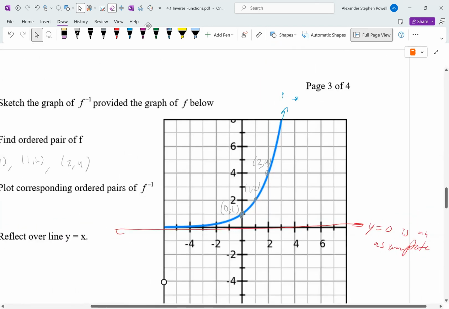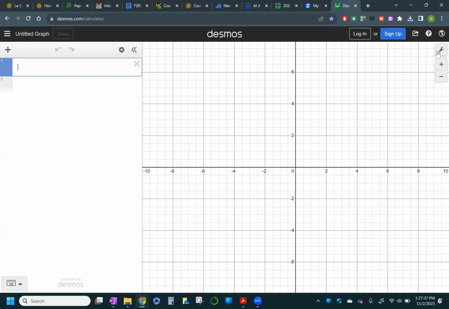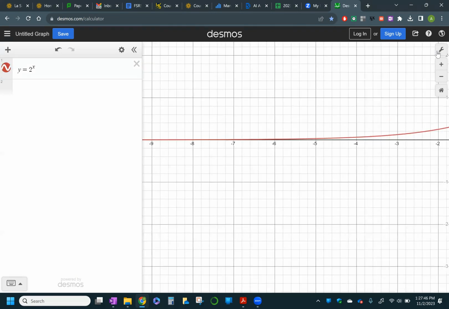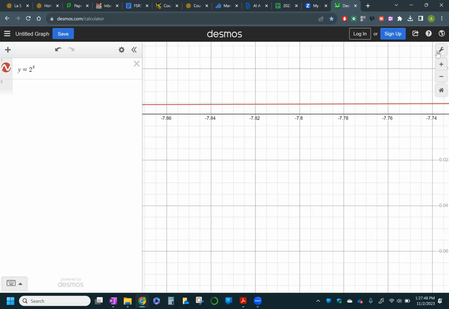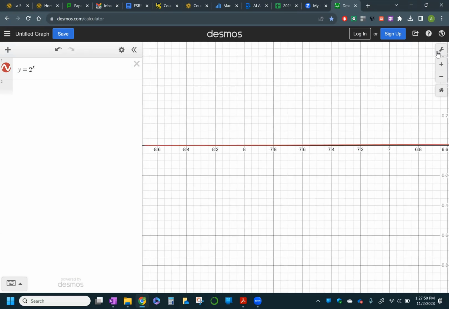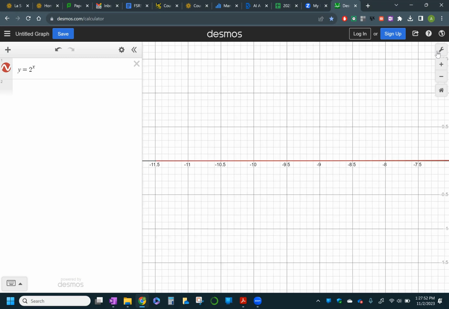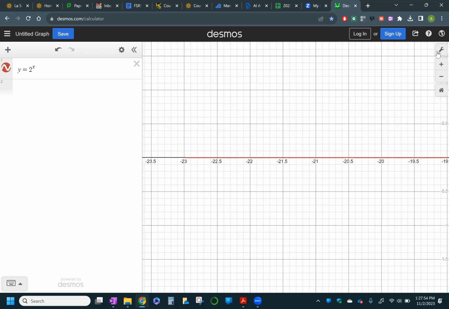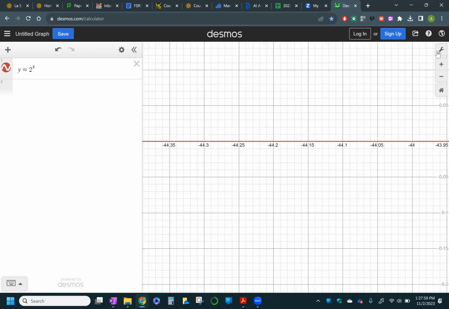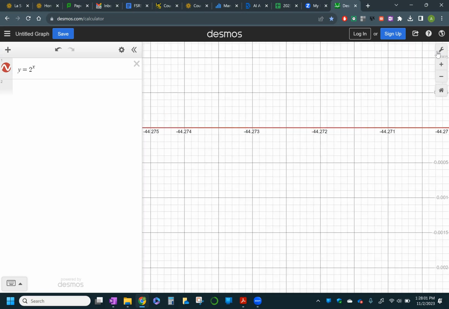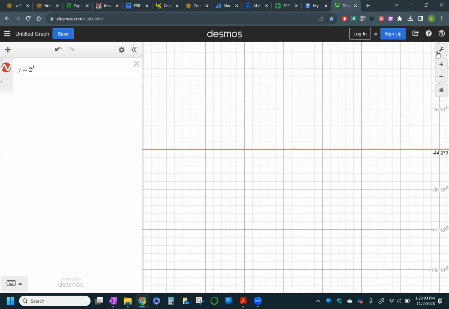Do you believe me? Let's do this on Desmos. y equals 2 raised to the power of x. Over here on the left, it looks like it touches, right? Does it? No, it doesn't. What about way to the left? Does it touch? No, it's an asymptote. If I keep zooming in, wow.